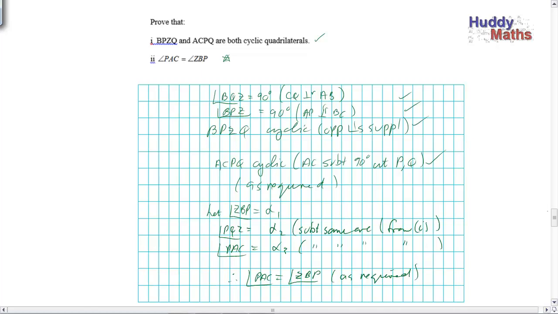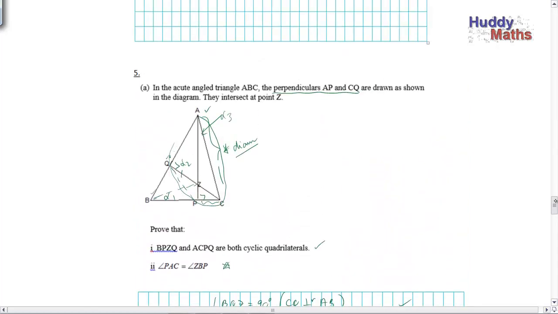Okay, let's just check that so you understand it. What we did was to say we wanted that angle, call it alpha 1, because this was cyclic, this little one in here, PQZ was alpha 2.